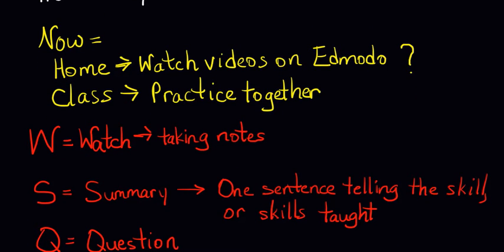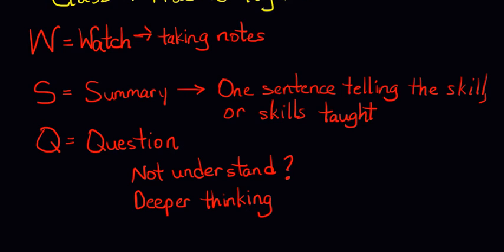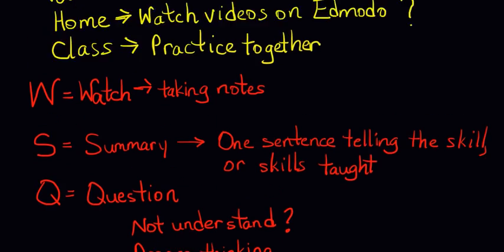You're also going to do the S part. You're going to write a one-sentence summary telling me what you just learned through this video. And then you're going to write one question, maybe something you didn't quite understand, or I didn't tell you enough. And then if you understood everything completely, think a little bit deeper. Ask me something else.